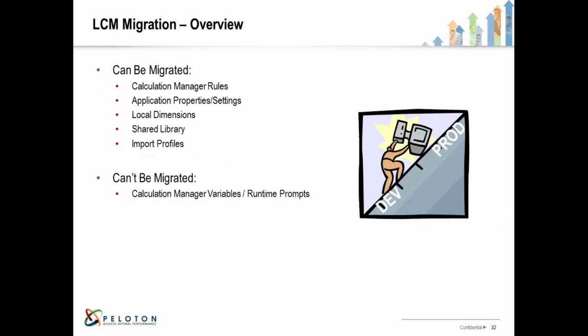So when moving from your development environment up to your production environment, most components can easily be migrated. So calculation manager rules, your application properties, your settings, your local dimensions, as well as your shared library, and your import profiles. Those can all be easily migrated.